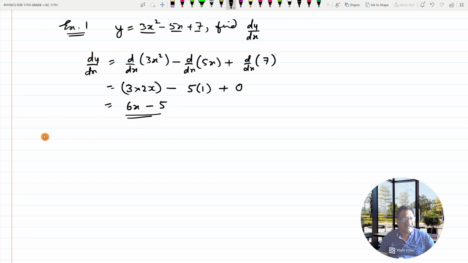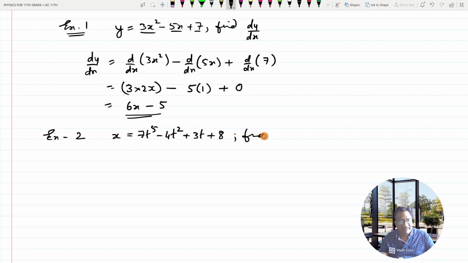Let us go for example number 2. Example number 2 says that x is equal to 7t raised to 5 minus 4t square plus 3t plus 8. This is given.